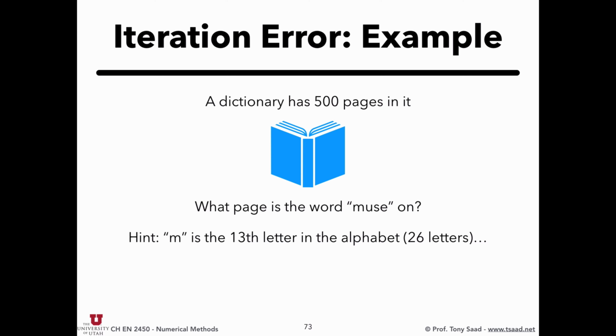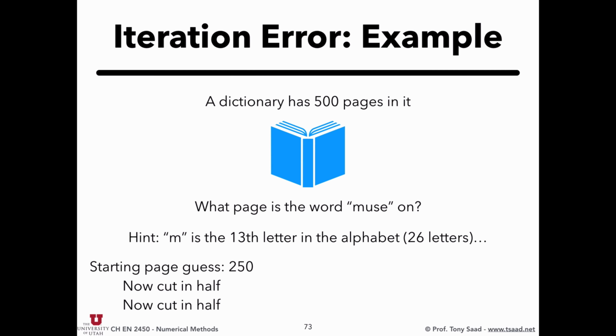I'm just going to open it in half at page 250, and then I'm going to see what letter I'm at. Should I take the second half and then cut it in half, or take the previous half and cut it in half again, and so on and so forth. Now just choosing the middle page causes an error between where you started your guess and the true solution of where the word muse is.